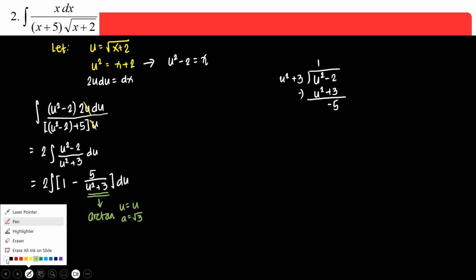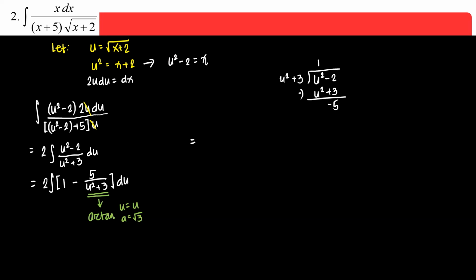So let's integrate 2. What's the integral of 1? Du. Don't forget, baka mamaya you might write x. We don't need the 5, so let's bring out the 5 muna. And then 1 over a, 1 over the square root of 3 arctan of u over square root of 3 plus c.